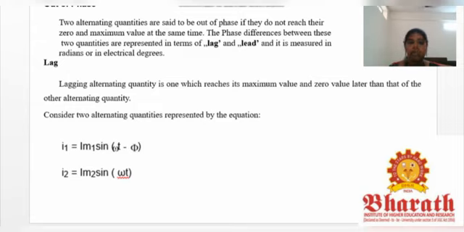Again I am taking the I2 current equation: I2 is equal to Im2 sine omega t. This is our known, normal sinusoidal current equation. So this current I2 is going to be my reference current.